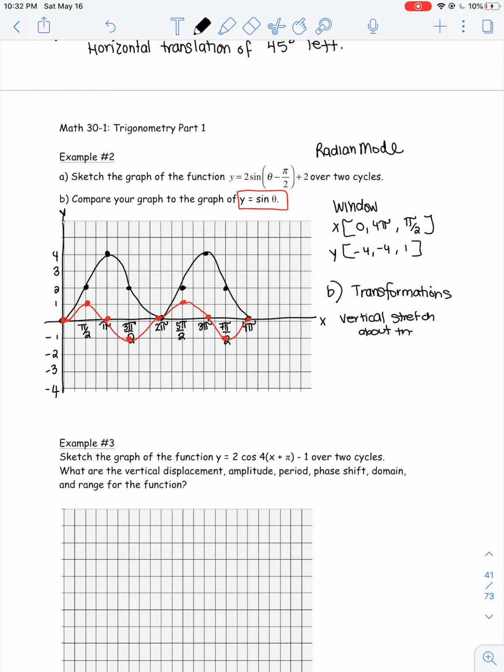about the x-axis by a factor of 2. Okay, so that's one thing that we need. We also have a horizontal translation of pi over 2 to the right.